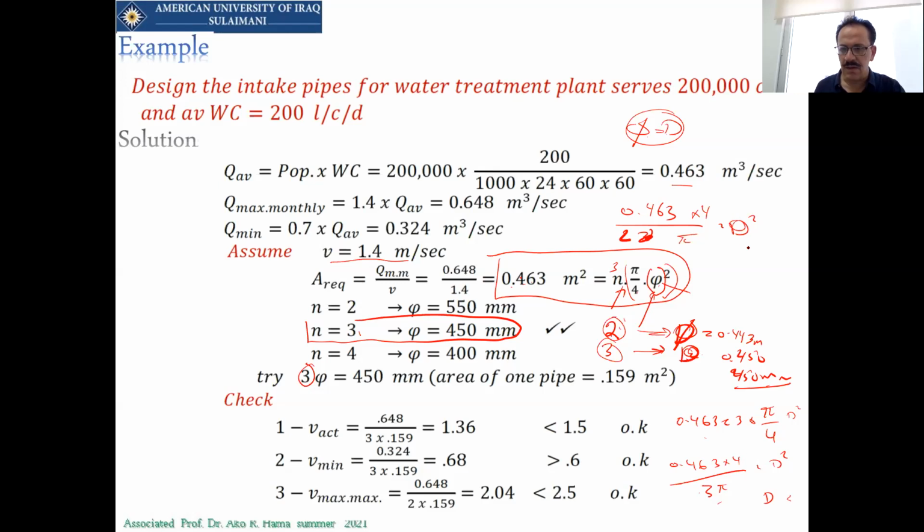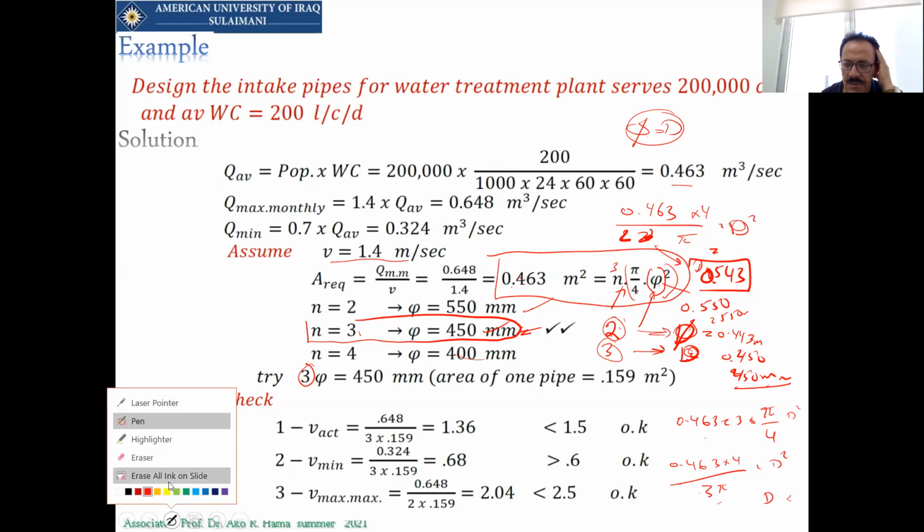In this case the diameter is equal to 0.543. So it means 2 pipes of 550, or 3 pipes of 450. I think this will be enough for our case.